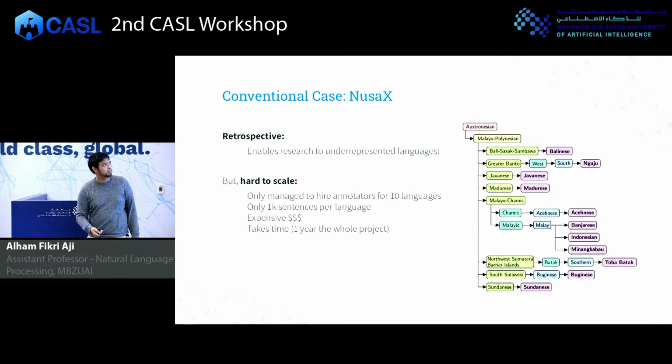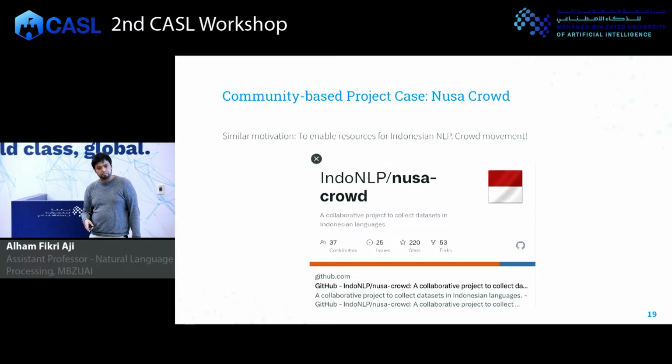Now, the contrast, right? We have a movement called Nusa Crowd. This is basically the same motivation, where we would like to gather NLP datasets for Indonesian, but rather we make this open. So we have this open and public, everybody can join, everybody knows the project.